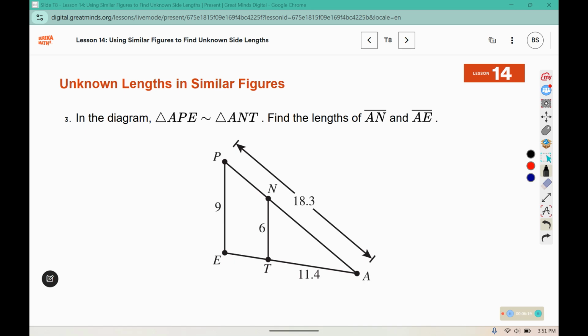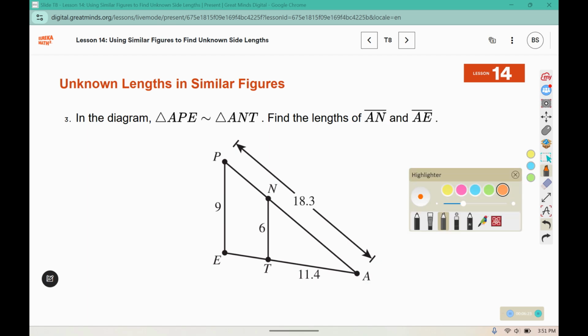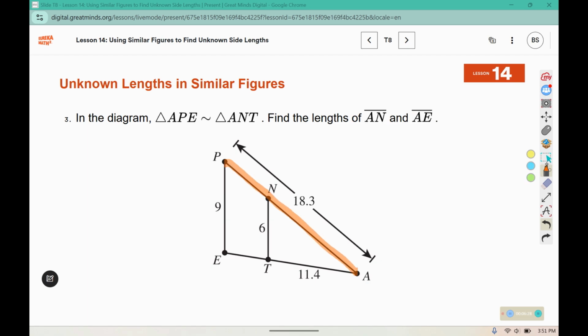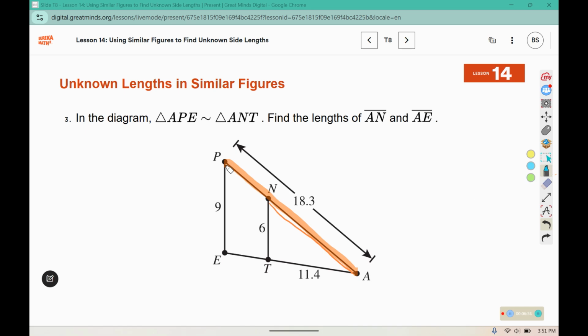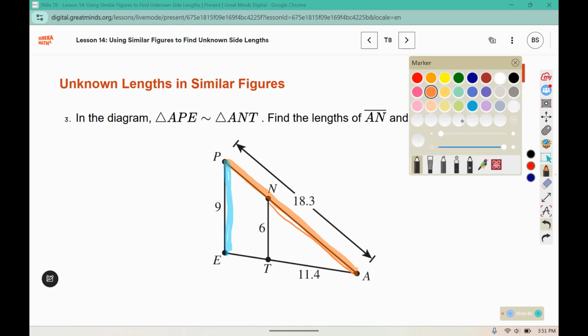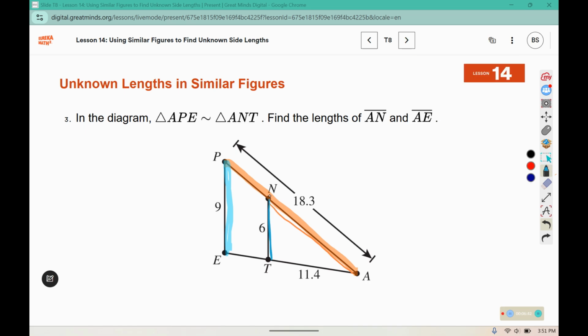In this diagram, again, we're provided that they are similar. So find the lengths of AN and AE. This one gets paired up with this side. This one gets paired up with this side.